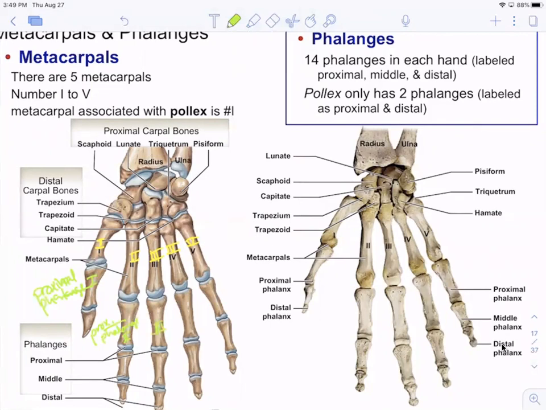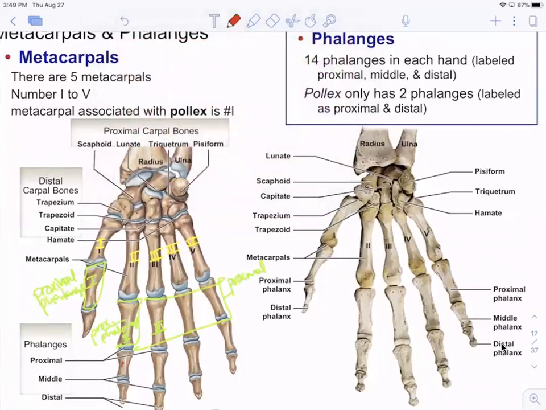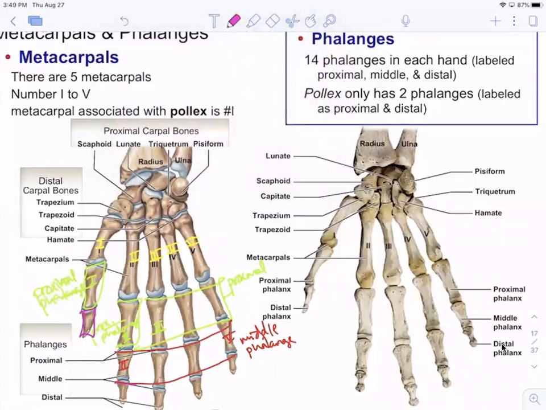This row right here is proximal. On digits 2 through 5 only, you have a middle row. So these are middle phalanges. The pollex only has 2 phalanges, so you only have a proximal and a distal for that. This right here would be the distal row. So you have 5 distal phalanges.